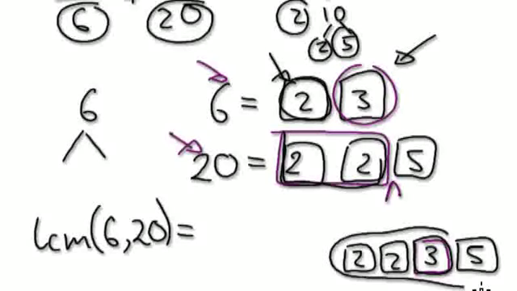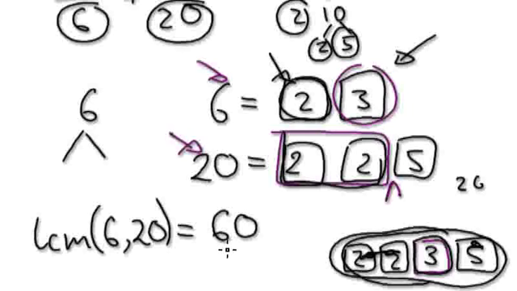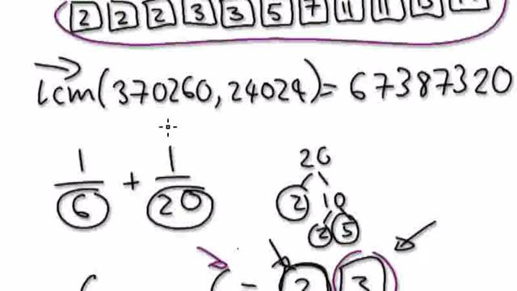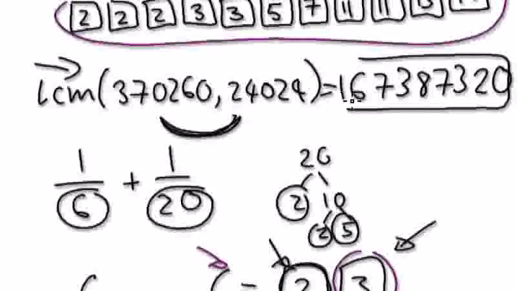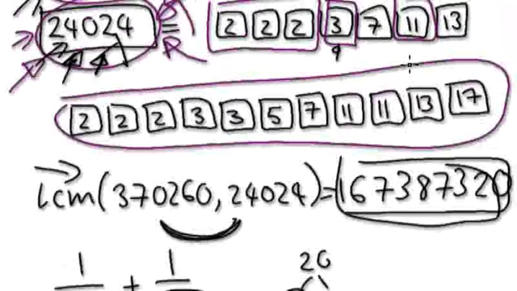So the lowest common multiple would be this. Merge these two together, that's 4. 4 times 5 is 20, and then times 3 would be 60. So the lowest common multiple would be 60. So the lowest common multiple of these two numbers would be this here.